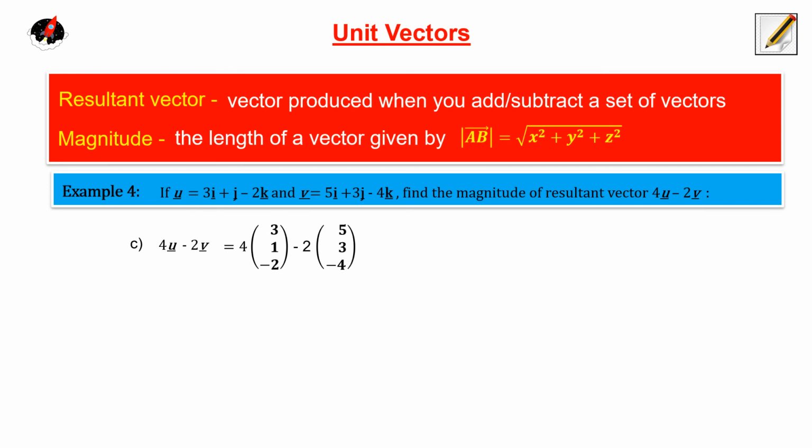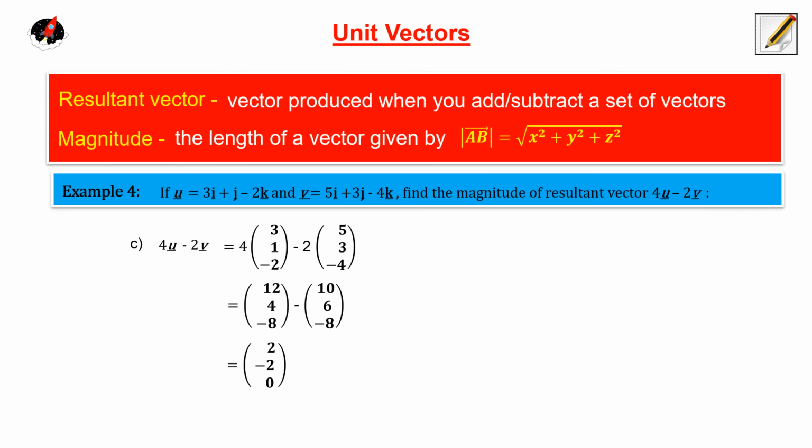So we just need to multiply those out. So we end up with 4 3s are 12, 4 1s are 4, and 4 times minus 2 is minus 8 for the first vector. And then multiplying the second column vector by 2, so we're subtracting 10, 6, minus 8. And we end up with 2, minus 2, 0 as our resultant vector.